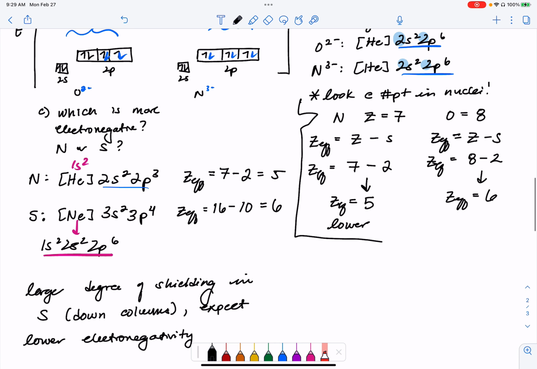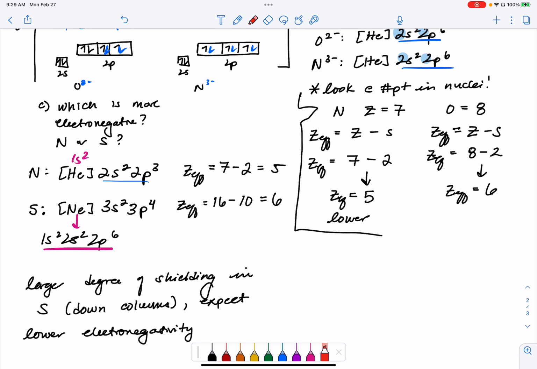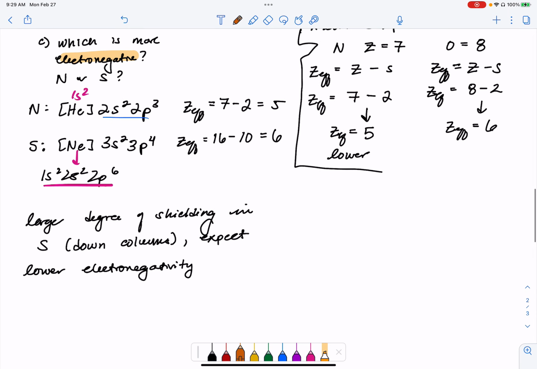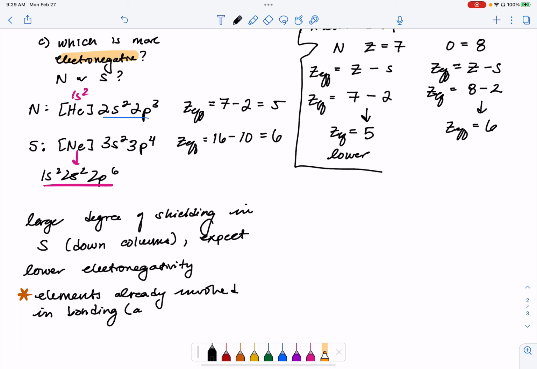Now, when we're talking about electronegativity, it's not really useful to look at electron configuration because when we're talking about electronegativity, remember, this is talking about elements that are already involved in bonding, which means they've already achieved octet by coming together with some other element.